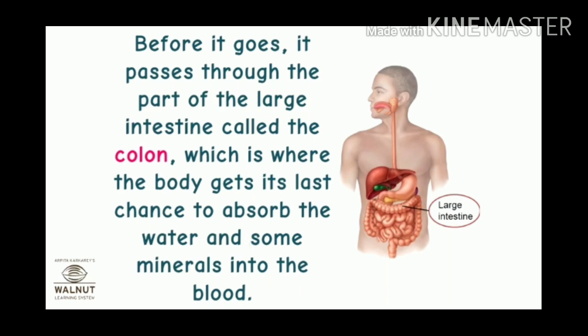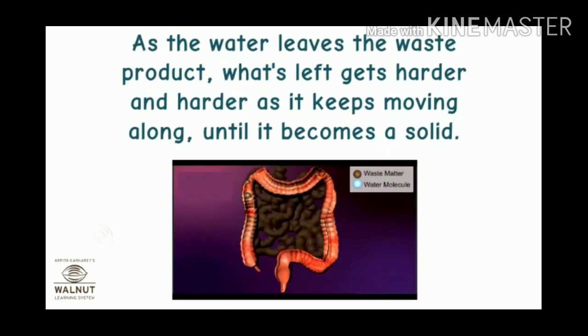Before it goes, it passes through the part of the large intestine called the colon, which is where the body gets its last chance to absorb water and some minerals into the blood. This is the large intestine. As the water leaves the waste product, what's left gets harder and harder as it keeps moving along until it becomes a solid.